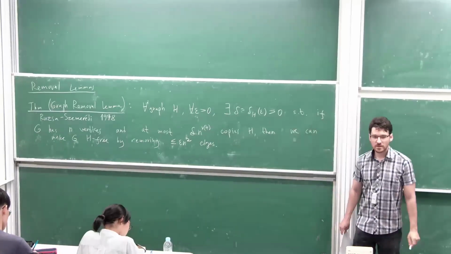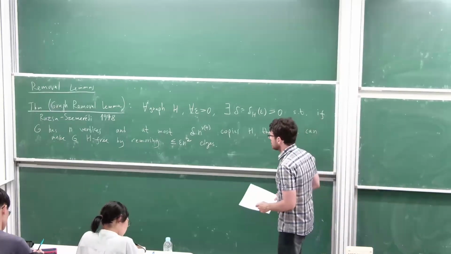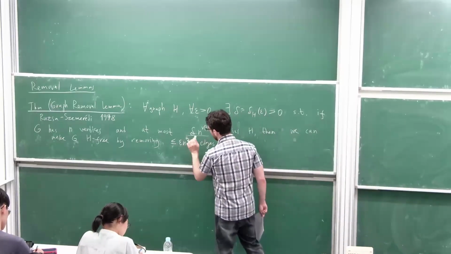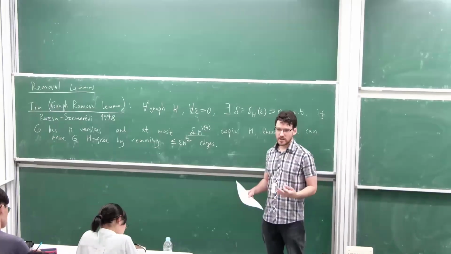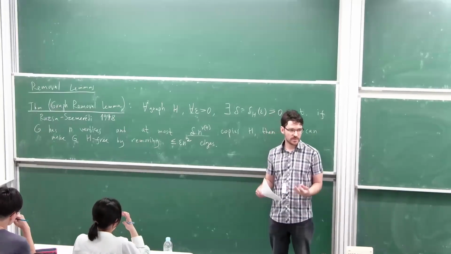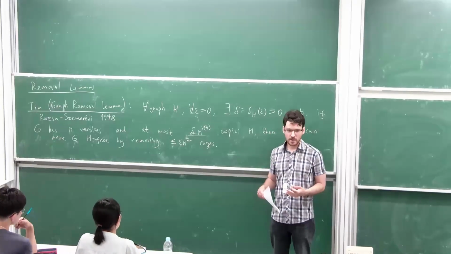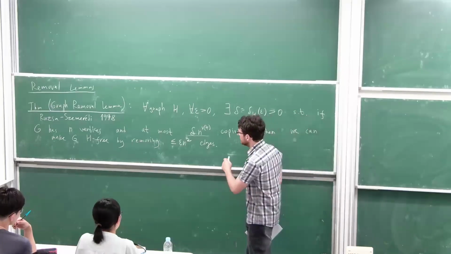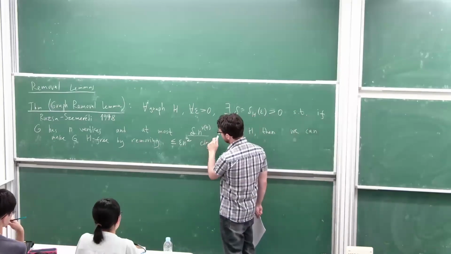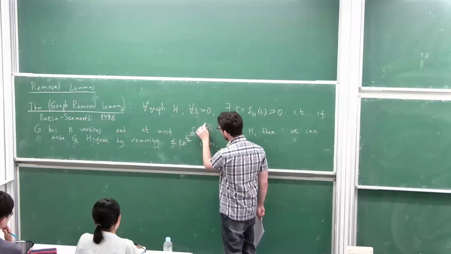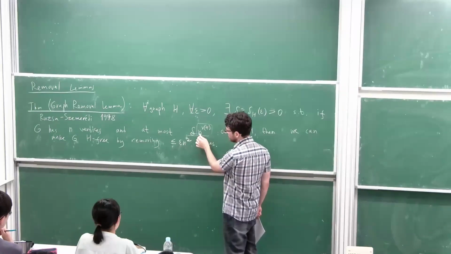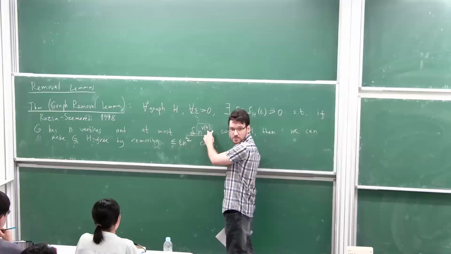So very roughly speaking, what this is saying is that if the number of copies of H is small, then we can destroy all of these copies by deleting a small number of edges. The way we quantify this is that we look at the number of copies as a fraction of the total possible number of copies. Of course, we cannot have more than n to the v(H).